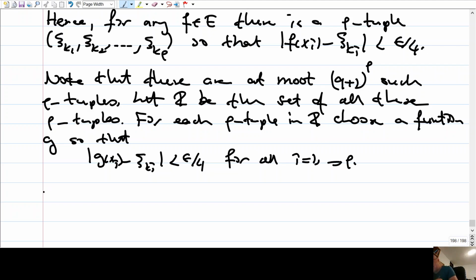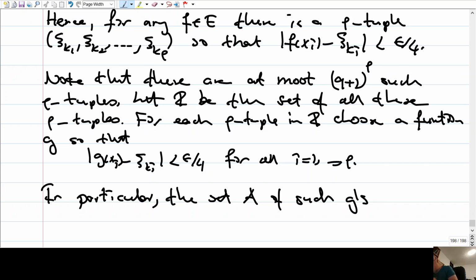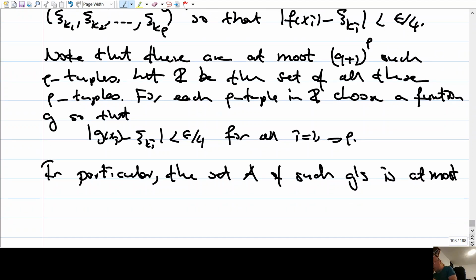Therefore, in particular, the set, let's say A, of such g's, these functions, is at most the cardinality of I. It is this, because for each rho tuple, I choose a function, right?